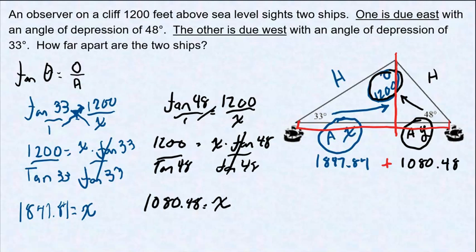Then add that space together. And when I add them together, I get 2,928.32 feet. So the pirate ships are 2,928.32 feet apart.